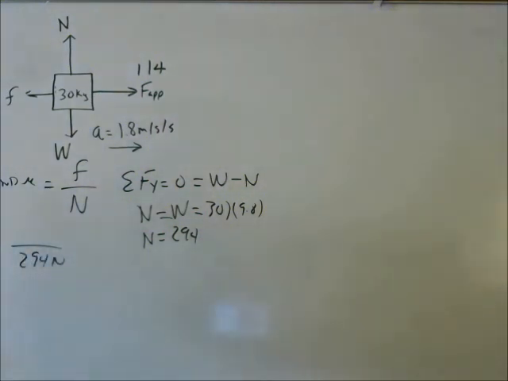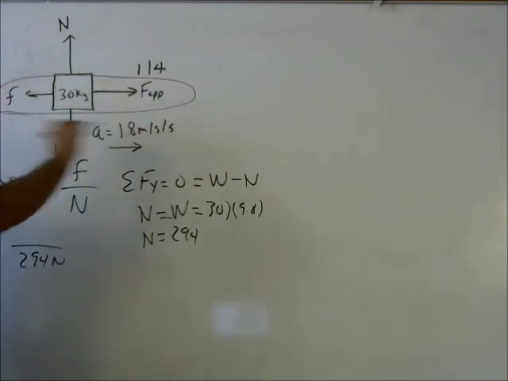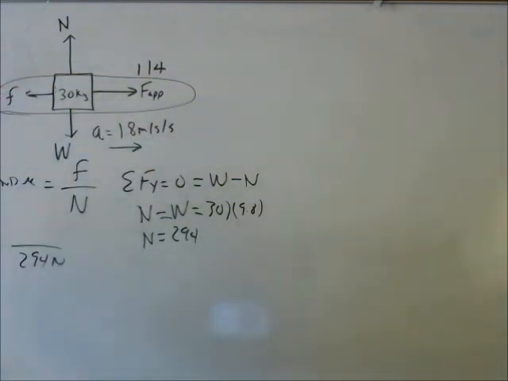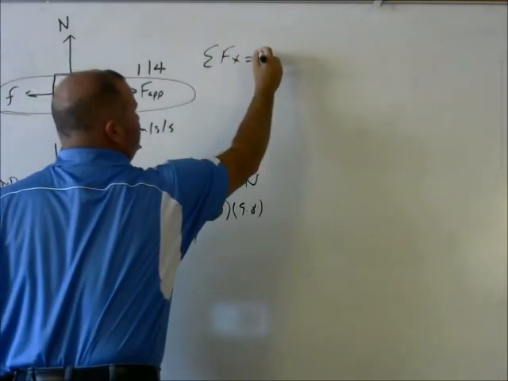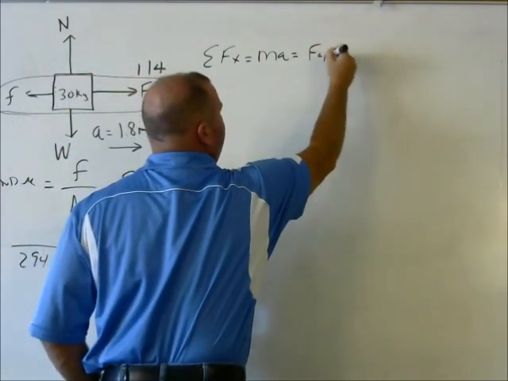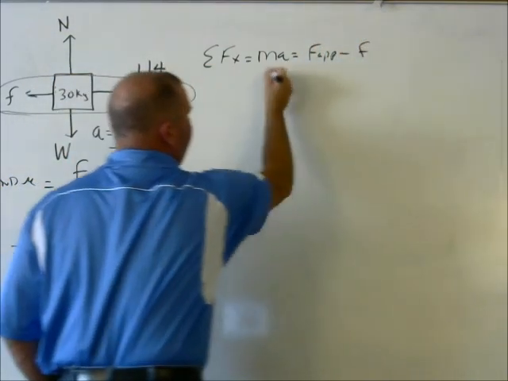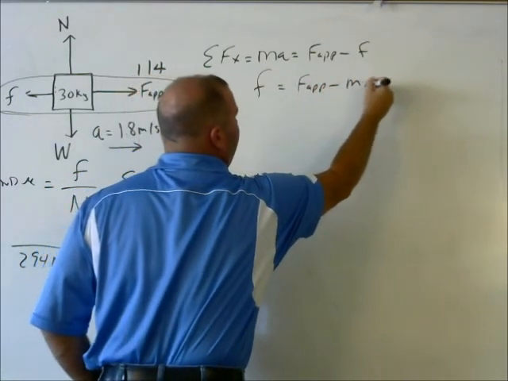Now the only thing I have to do is figure out friction. And the friction force I'm going to figure out and realize is going to be involved in that parallel to the direction of motion. So I'm going to have to look at that sum of forces statement in the x, which should be equal to ma. And those forces should be force applied minus friction. So that friction is equal to force applied minus ma.